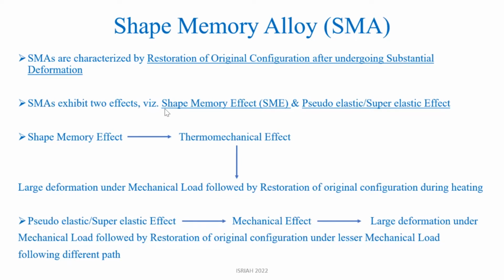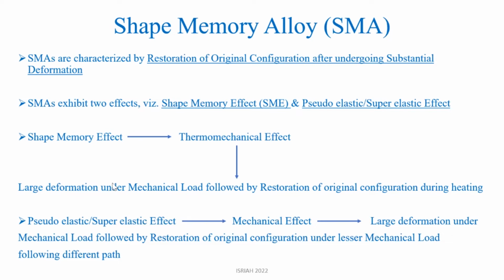One is the shape memory effect, which we will be using to develop the robotic manipulator, and another is the pseudo-elastic or super-elastic effect. The shape memory effect is a thermomechanical effect. That means it involves both thermal load, that is heating, as well as mechanical load, that is stressing. It is characterized by large deformation under mechanical load, followed by restoration of the original configuration during heating.